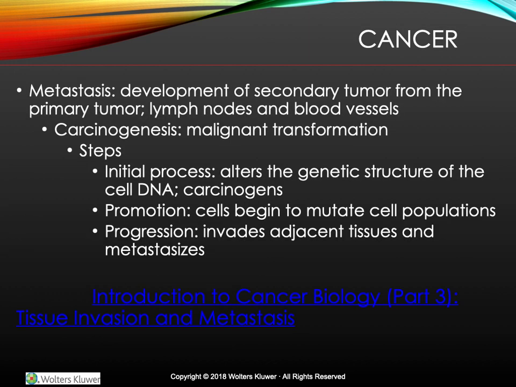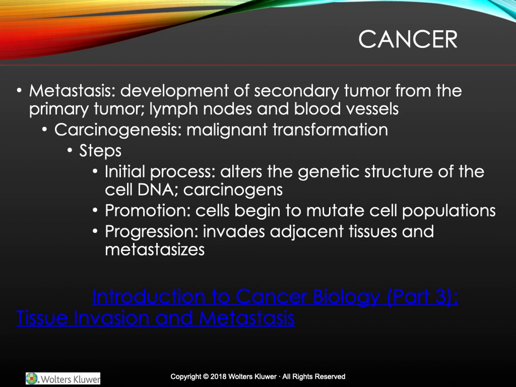So know that whenever a client hears the term metastasis, that it is very discouraging to the client. Now, metastasis is the development of secondary tumor from a primary tumor, and it can spread through lymph nodes and through blood vessels.